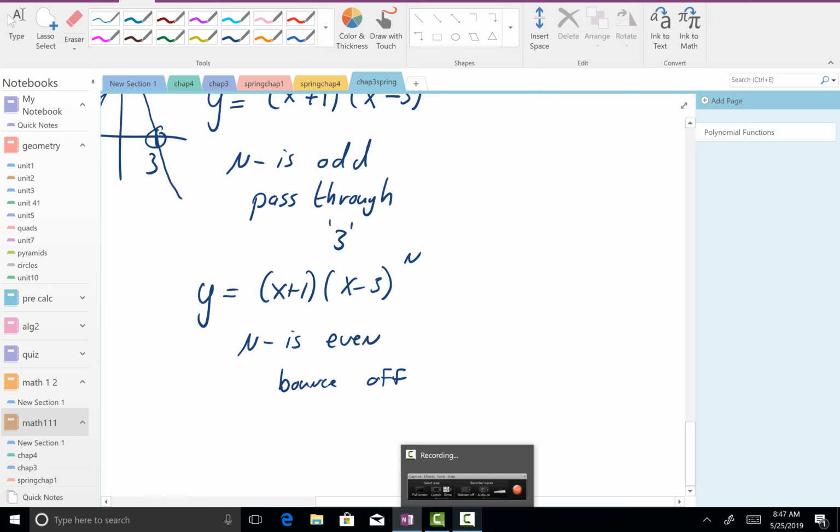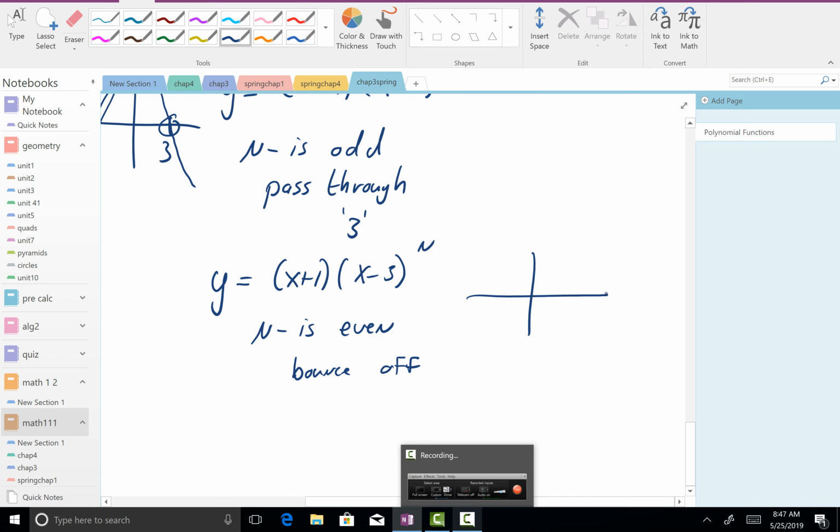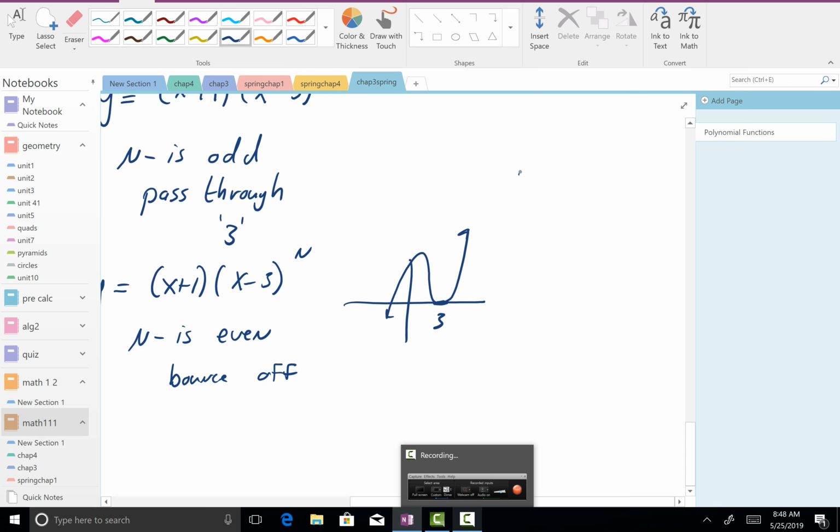So that's the deal with that, okay? Those are called multiplicities. You can have a multiplicity of whatever that power is, okay? So for example, if we have x plus 1 and x.